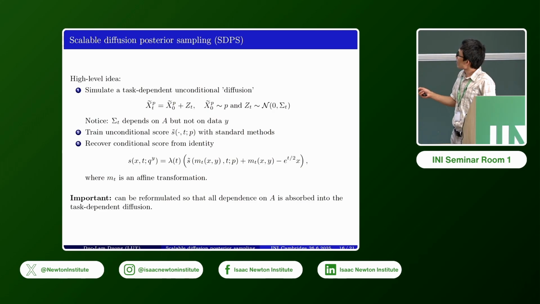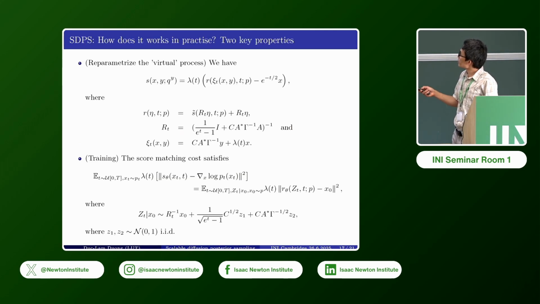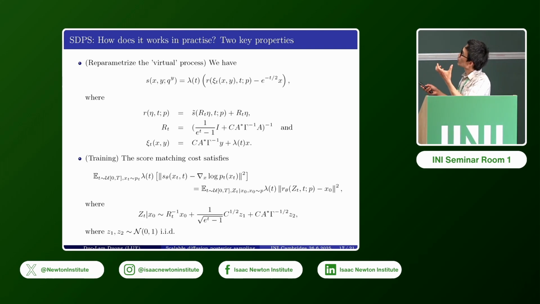Right. Now, in practice, how does this work? We just use the identity that we have previously. On the right-hand side, this R term is defined like this, where S tilde is the score corresponding to the unconditional score, and S is the conditional score.